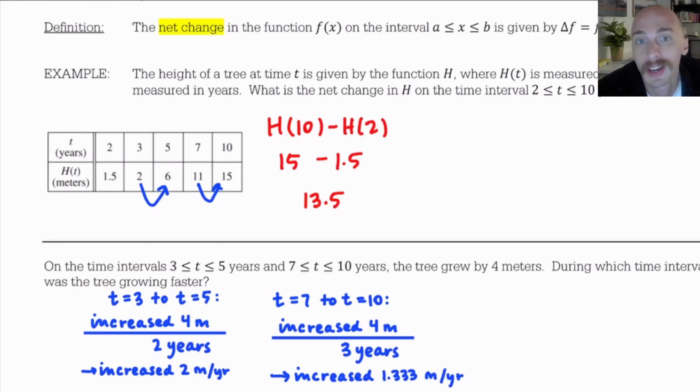And if we divided that increase of 4 by 3, we would have a lower number, 1.333 meters per year. But that meters per year points us towards what we're doing here. This is the rate of growth when we take a net change and divide by some sort of time interval or input interval.